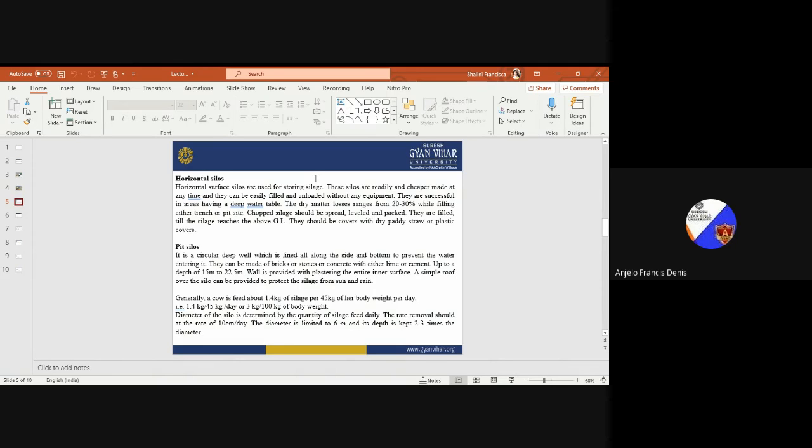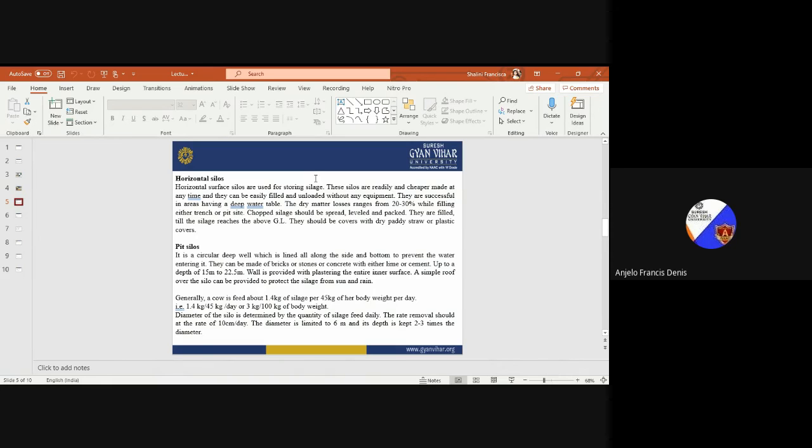The dry matter losses range from 20 to 30% while filling either trench or pit silos. Chopped silage should be spread level and packed. They are filled till the silage reaches about ground level, and they should be covered with dry paddy straw or plastic cover in order to minimize water leakage, especially during the rainy season.